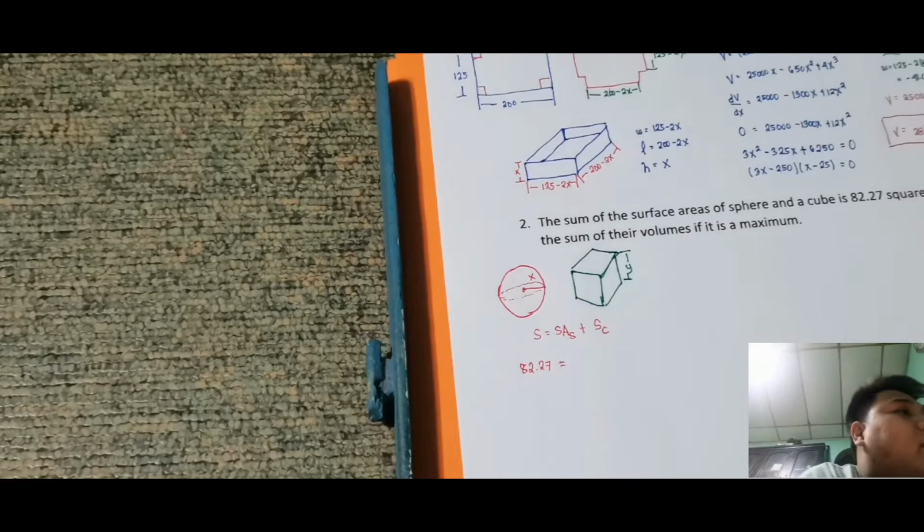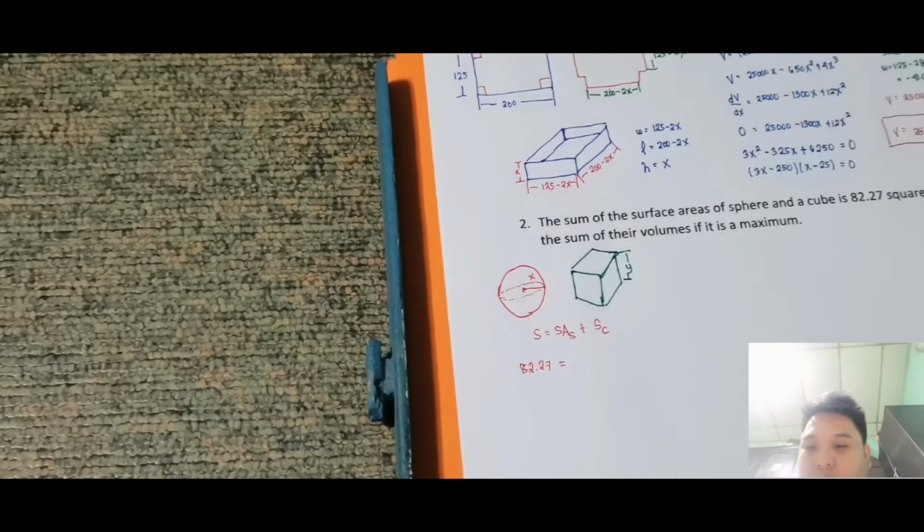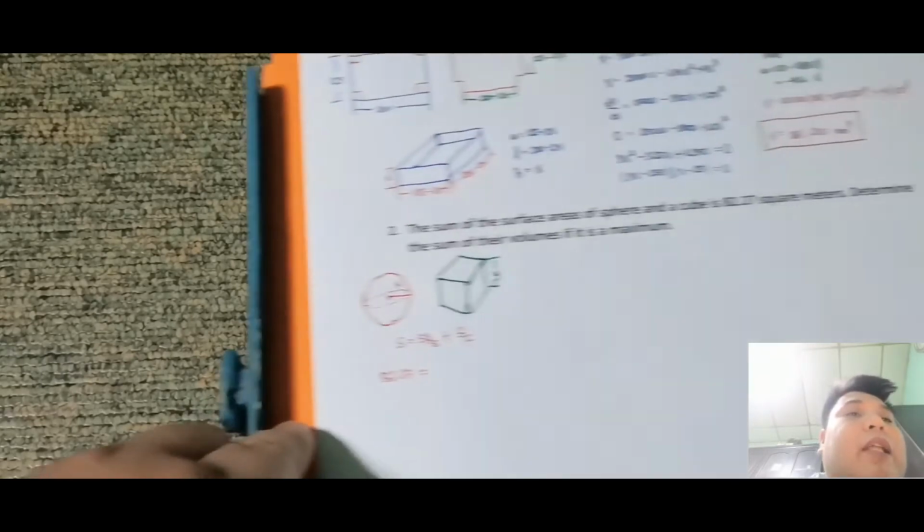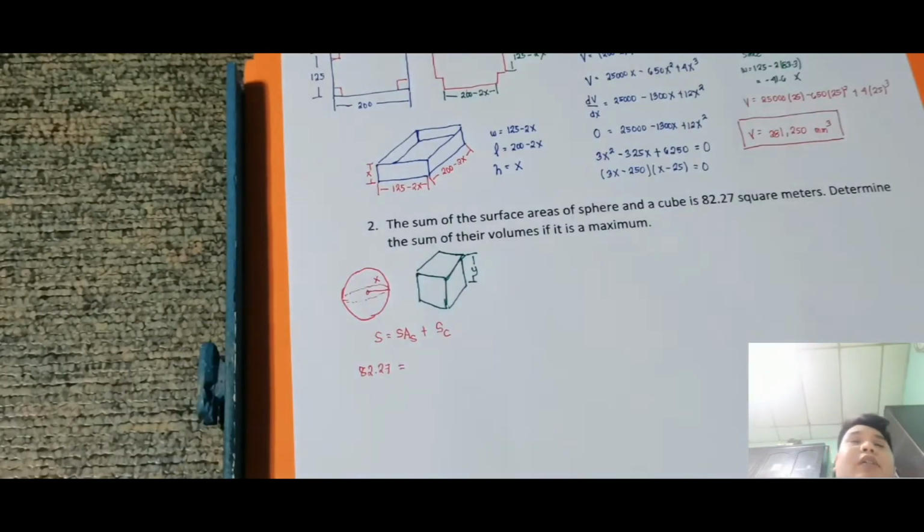So, wait lang. Search ko na lang din. So, sorry kung tatagal. Okay, so surface area, sorry, not 6x square. So, ang 6s square is yung sa cube, no? Surface area ng cube kasi 6 na square yan. Okay, so that is 6 times s squared.